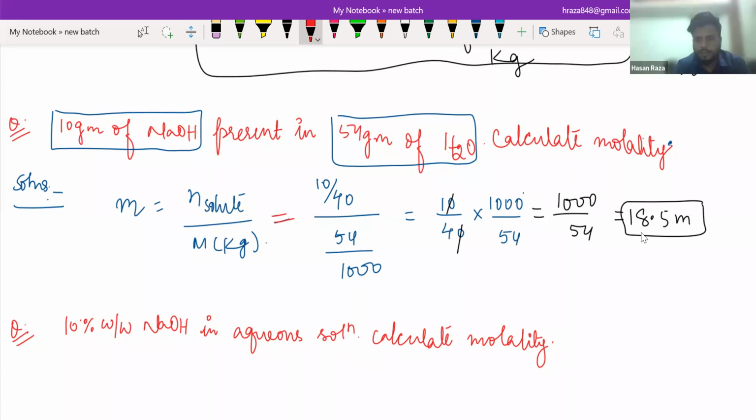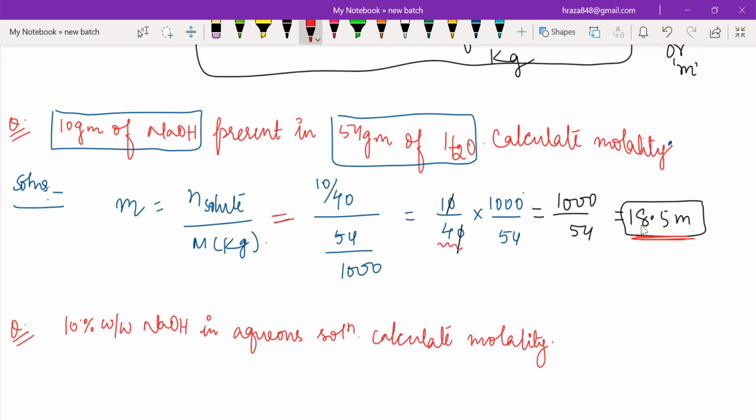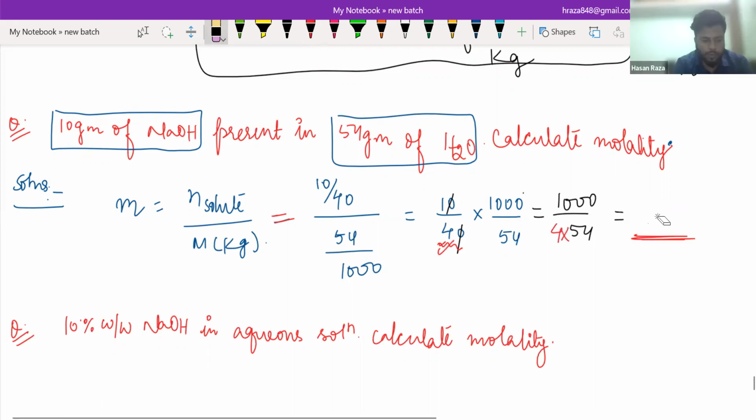Yes. Okay. You can see number of moles, that is equal to... oh, I just forgot. There is 4, sir. Sorry. No, wait a minute. I just took 54. There is 4 also. So it will be 4 into 54. And then you will get 54 into 4, that is equal to 216.